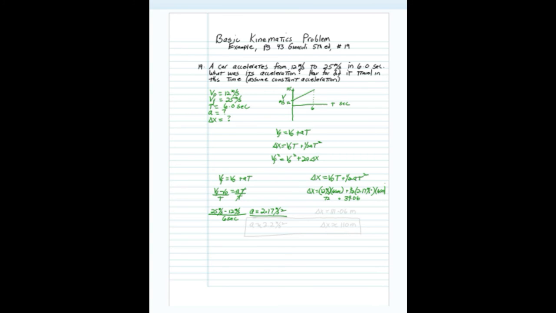So together, that gives me delta x equals 111.06 meters. And it was given as two significant figures. So if we round to 2 sig figs, our answer here is 110 meters. And our answer here for sig figs, 2.2 meters per second squared.